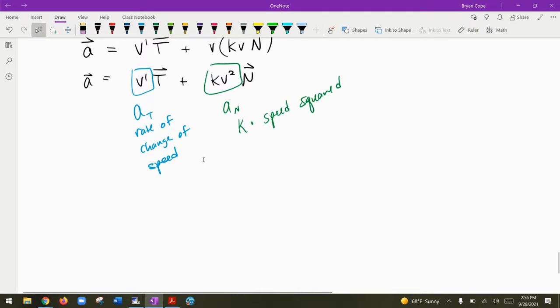Okay, let's do this. This is our expression for A. We're going to dot V with it. V dot A equals V dot V prime T plus KV squared N. Let me look at my step for a second.